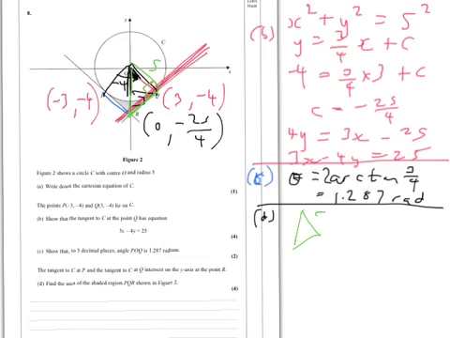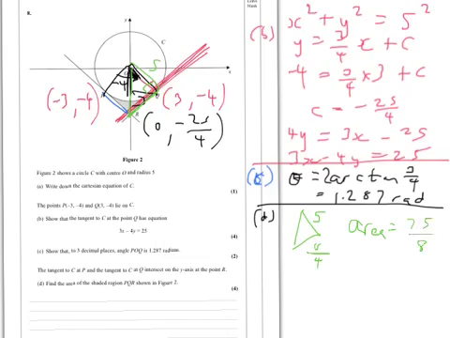That's 5 because it's the radius of the circle. This is 225 over 16 square rooted, which is 15 over 4. So the area of the triangle is half base times height. Area equals half of 5 times 15 over 4, which is half of 75 over 4, 75 over 8.